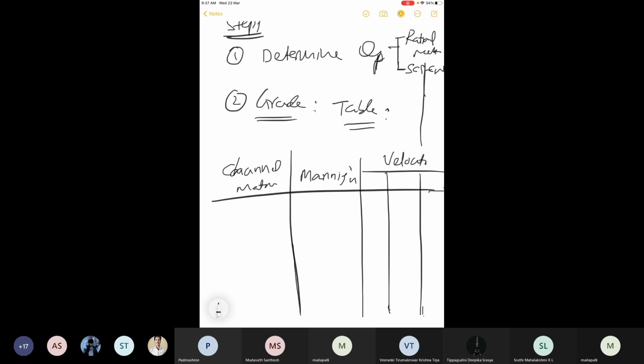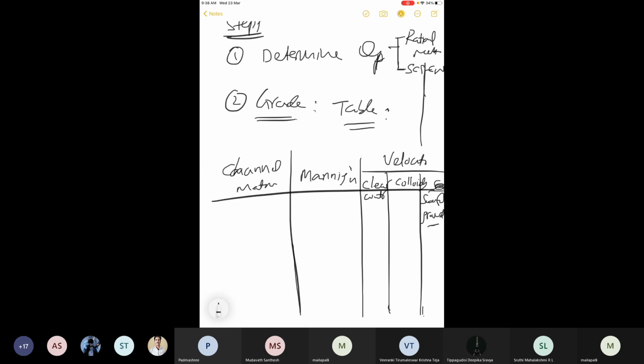Water could be clear water, or water with colloids like suspended sediments, or water that has sand or gravel particles.